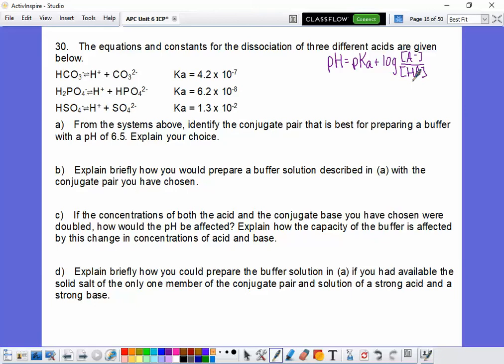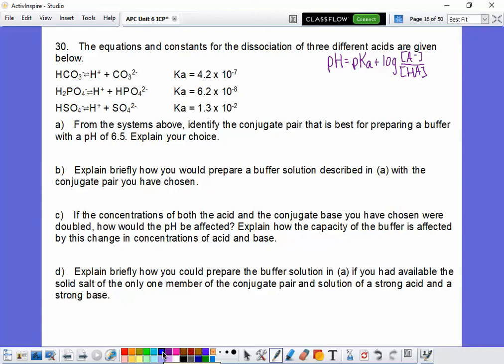All right. So technically, we could use any of these acid-base systems that are given to actually make a pH of 6.5. Because what you have control over is what? What do you think you have control over in that formula? Can you control the pKa? Can you change it?